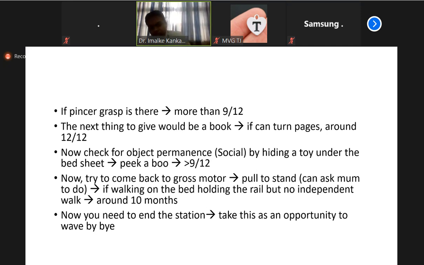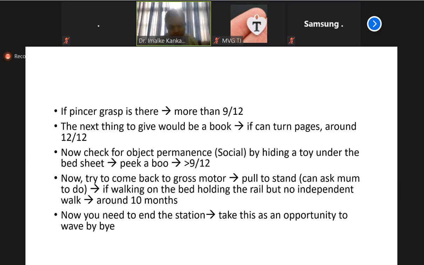Now you need to end the station. For that, you can say bye-bye. That's another social development which you are going to assess. So that will be your completion of examination. This will take only about 3-4 minutes, nothing much.